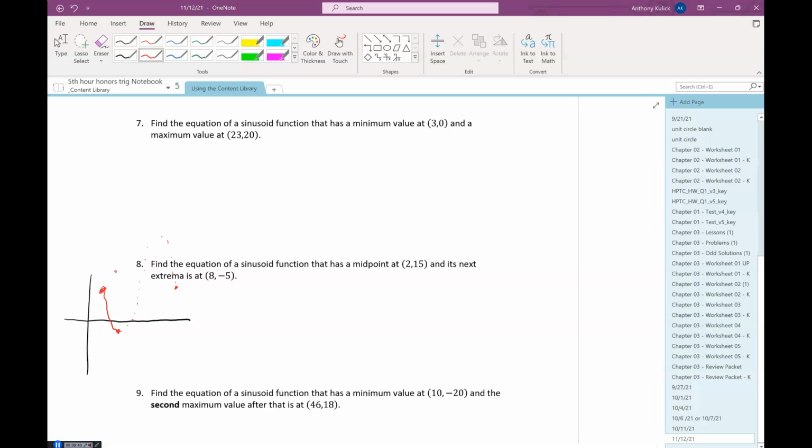Okay. The first thing I want to do is identify my midline. The midline has to go through the midpoint, so the midline has to be y equals 15, because the y-coordinate for the midline point has to be the same as that horizontal line equation. So I know that k is 15.